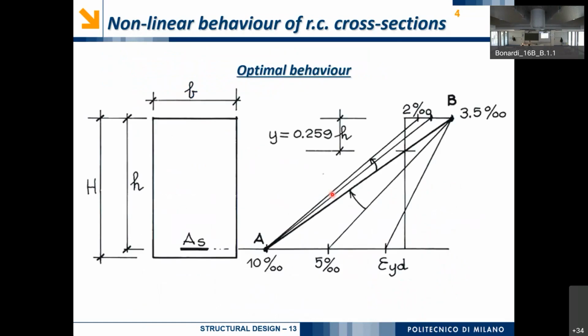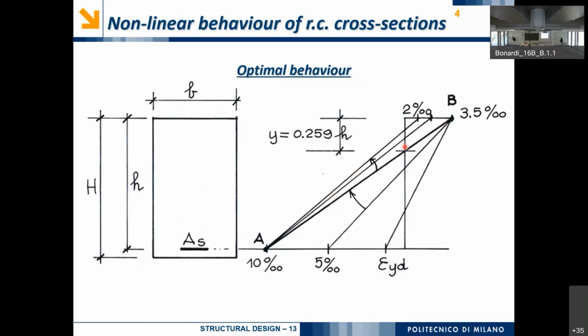But what I showed you before just tells us that, given the neutral axis, the structure can bear a level of stresses which is associated to an axial force and a resisting bending moment. So we have a resisting axial force and a resisting bending moment that only depend on the depth of the neutral axis, once the structure is designed, so I have already decided the height of the beam, the base of the beam, and how much reinforcement I am putting into the cross section.